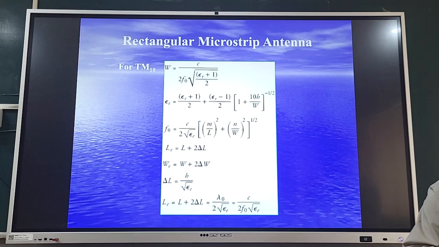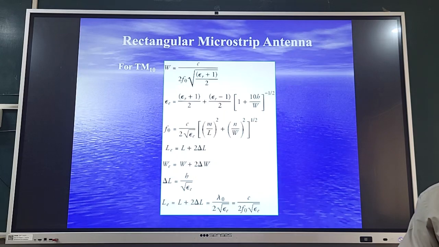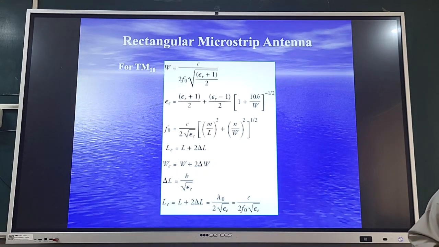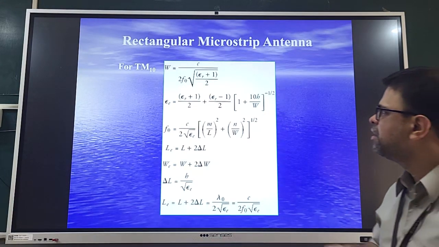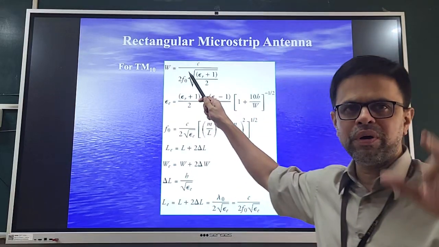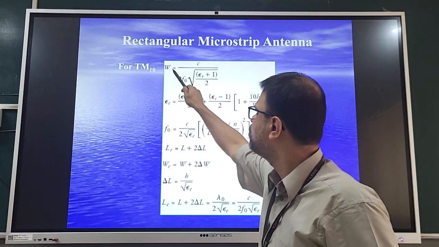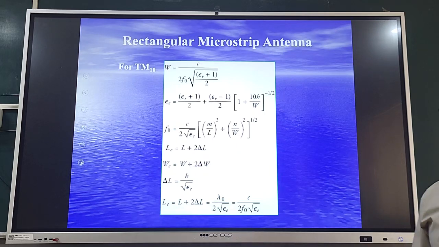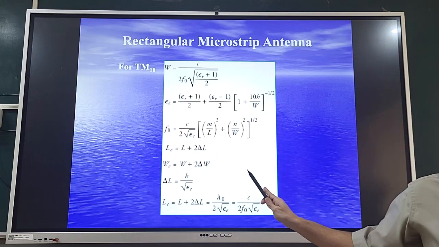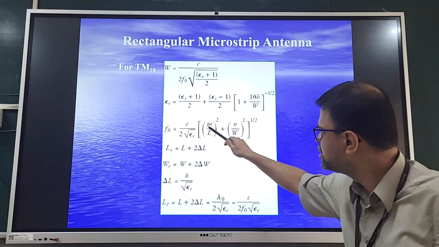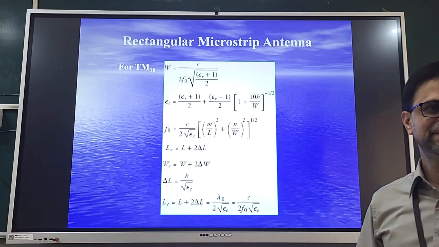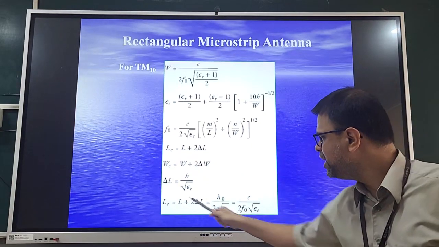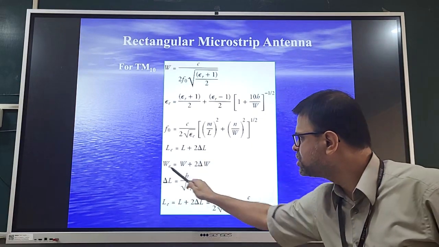So here I have explained for the 1-0 mode. What will happen for 0-1? If I want to design for the 0-1 mode, W will get replaced by L. You will calculate epsilon E for that. The procedure remains the same. Here it will be WE that you calculate, and then use this equation.